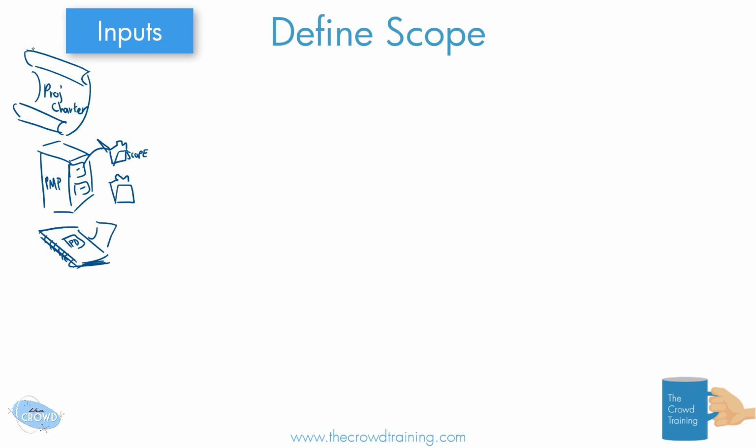A lot of it is electronic now, but still, think about all those materials we have at our disposal as project managers. Also, we have our environmental conditions. I'm drawing a bunch of buildings to represent an office or the workplace. Think about the enterprise in which you work and the factors that influence it.